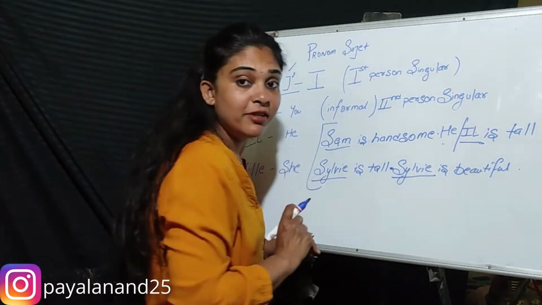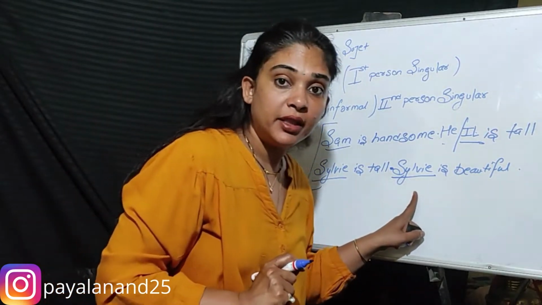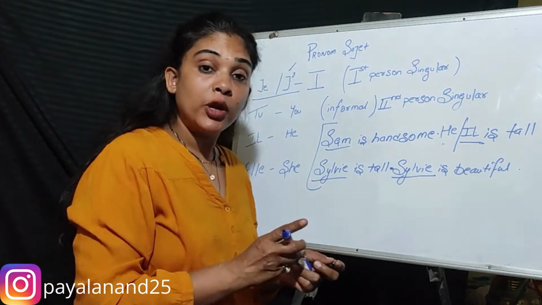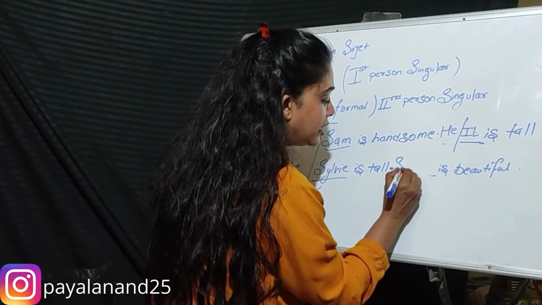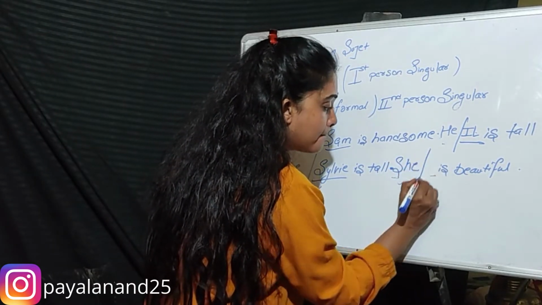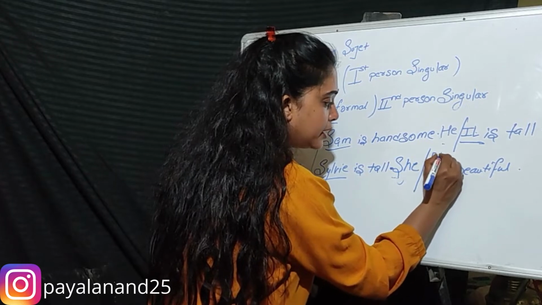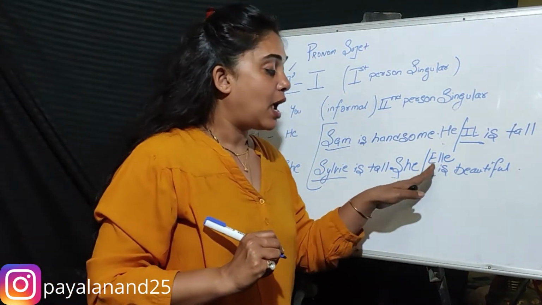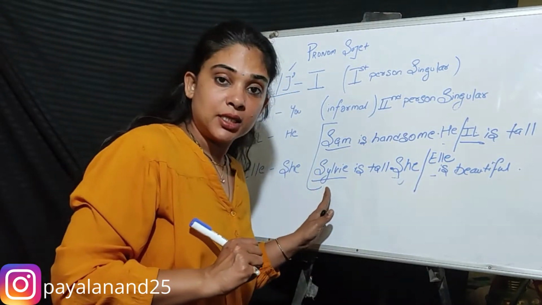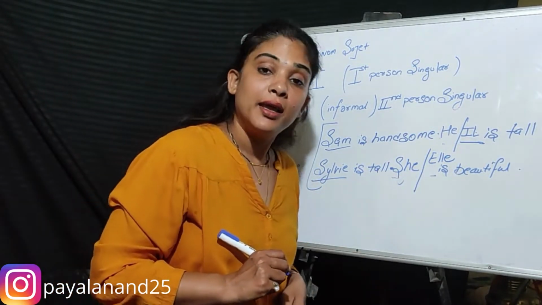Again, the word Sylvie is there, and I don't want to repeat it here. What we do in English is replace it with she. But in French, we will replace it with elle. Sylvie is tall, and not repeating the word Sylvie, I will be using elle here.